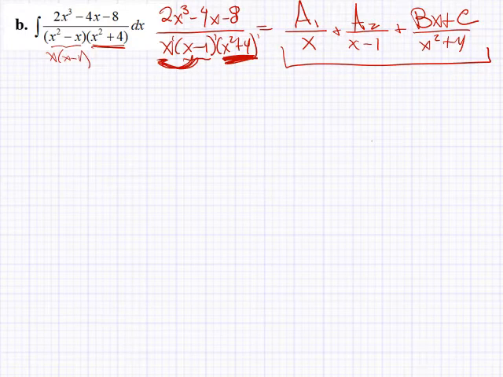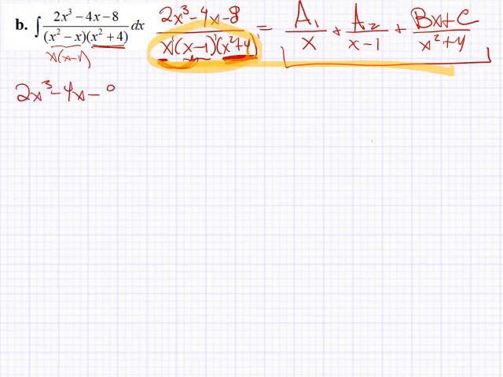Clear the fractions. Okay, here's your common denominator. Multiply the entire equation through by that common denominator. It makes the left side turn into 2x cubed minus 4x minus 8.